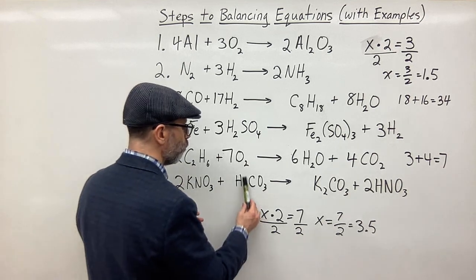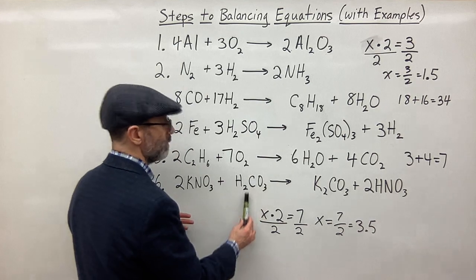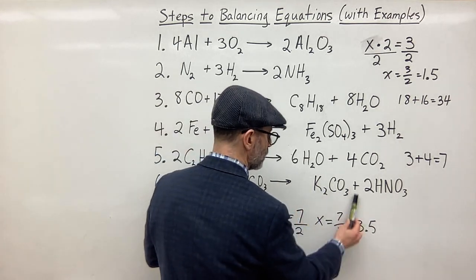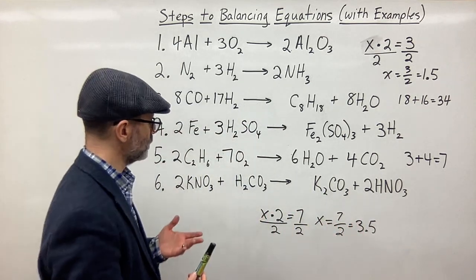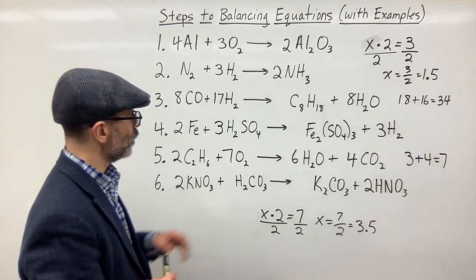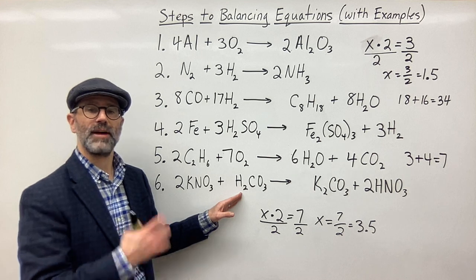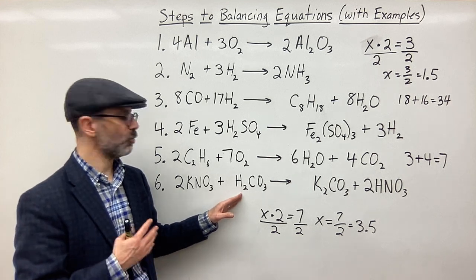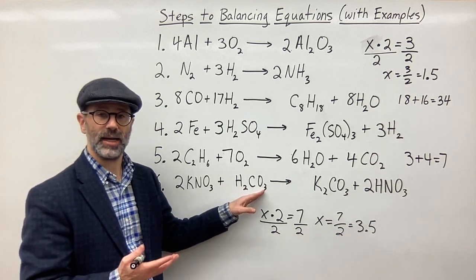Here I have 1 carbonate and I have 1 carbonate. So that's already balanced. So last but not least, I have the hydrogens. So in this case, notice that if I follow the steps, I would save oxygen for last.